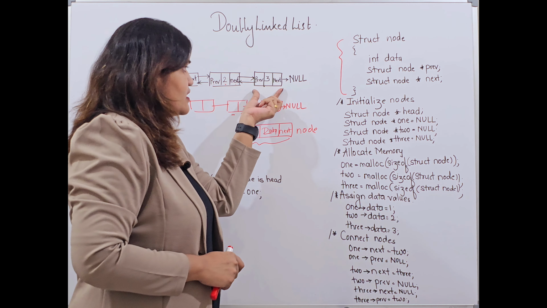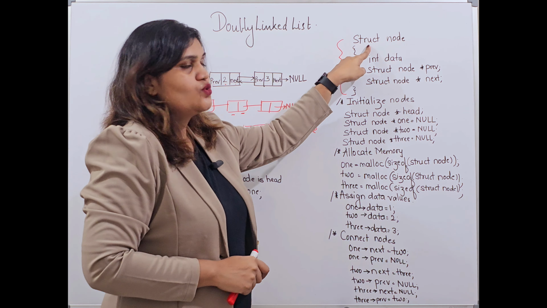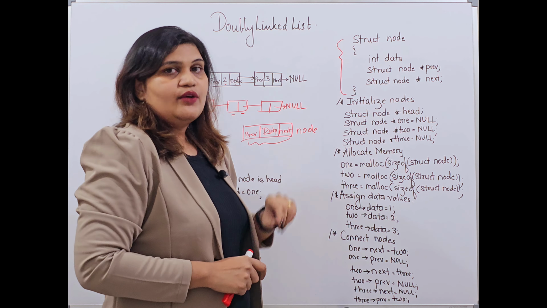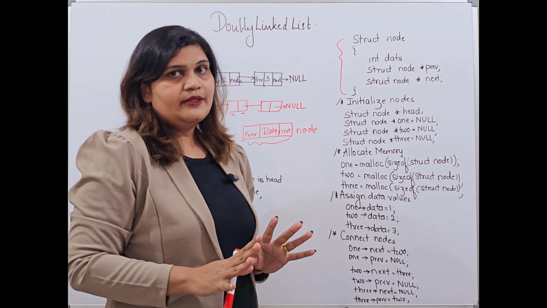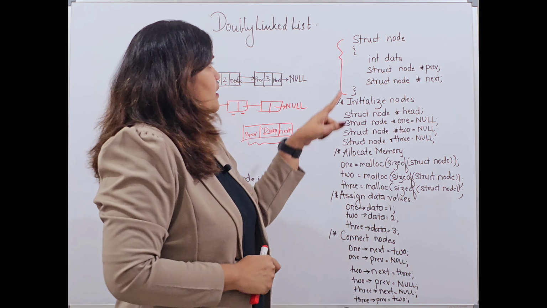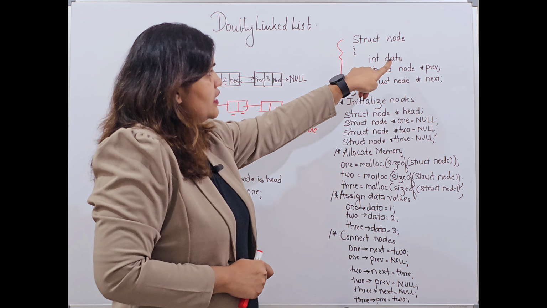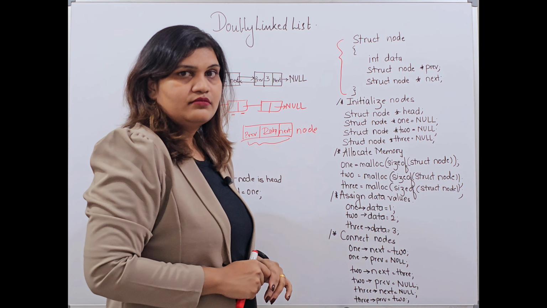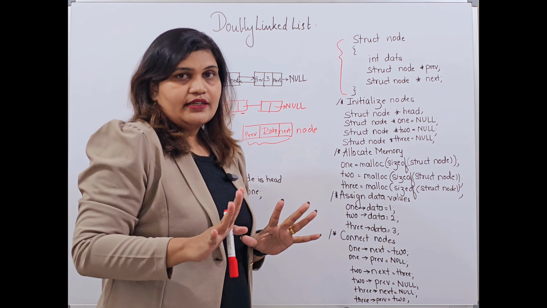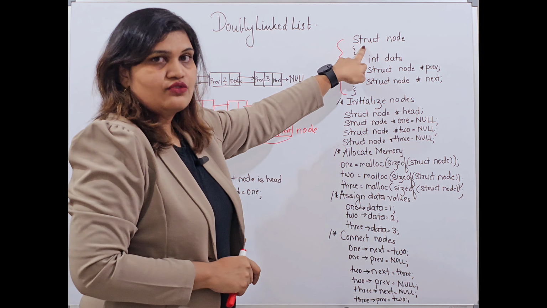In order to have a structure like this, I would require a struct. If I take an array, what will happen? Array stores data of the same data type. It is a collection of data, but of the same data type. Here we don't have the same data type. One is integer, it can be character, it can be float, others are pointers. It's a mixture. So to store that kind of data, we have a data structure called struct, and I use this.